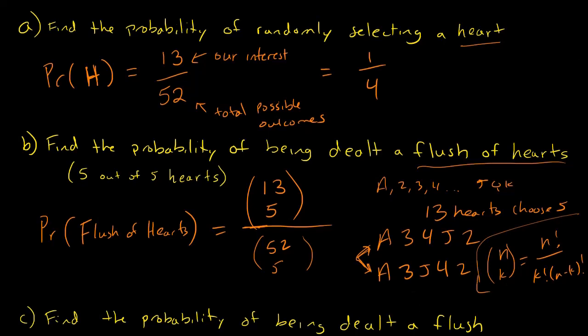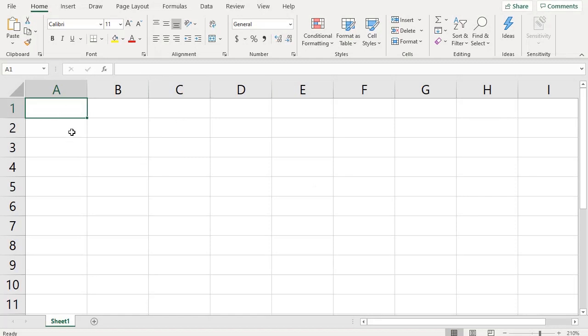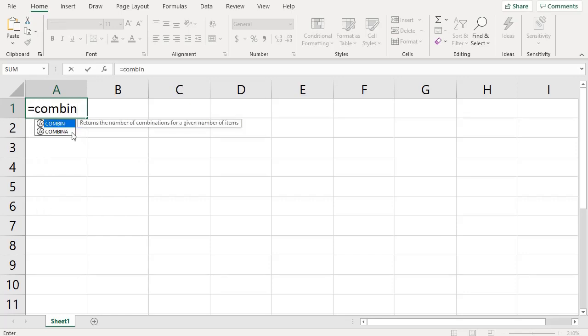Most of us have Excel on our computer, so the quickest way to do this is just to use Excel. So if you type equals COMBIN, that is the combination formula in Excel. So we want 13 choose 5, divided by COMBIN 52 choose 5, close parenthesis.